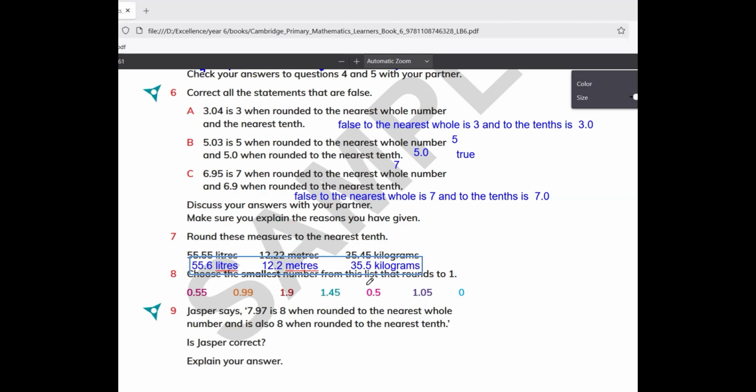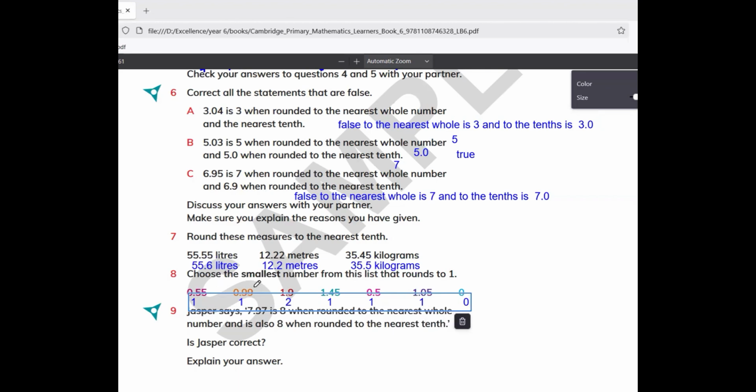This is how we do it. Number 8, they say choose the smallest number that rounds to the nearest 1. Before we do so, we check each one: does this one round to the nearest 1? Yes, because the whole number is 0 and then this 5. This one is 0.99, when we round it, it rounds to the nearest 1, yes. This one rounds to the nearest 2. This rounds to the nearest 1, this rounds to the nearest 1, and this rounds to the nearest 1, and this is a 0.